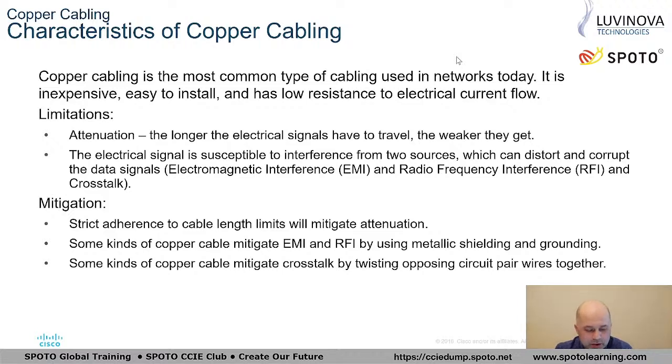Mitigation: strict adherence to the cable length limits will mitigate attenuation. Some kinds of copper cabling mitigate EMI and RFI using metallic shielding. So some copper cabling has shields inside to prevent this distortion.